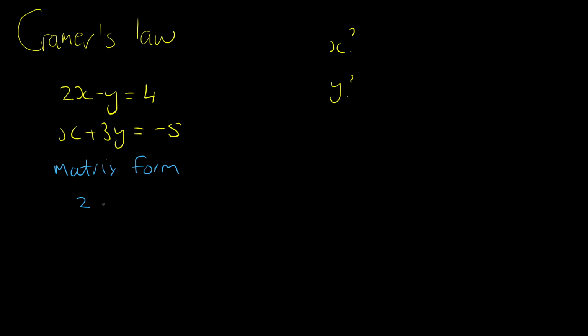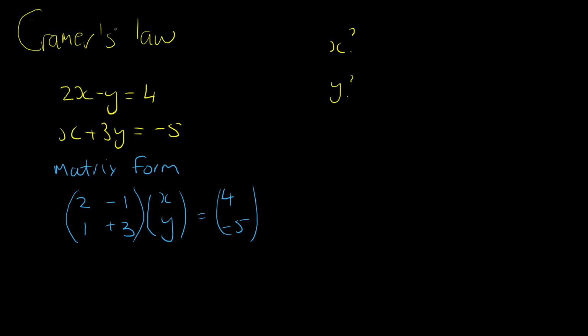So 2x minus y gives 2 and minus 1, and x plus 3y gives 1 and 3. This is the matrix of the coefficients. Then we multiply it by the variables, x and y, and say this is equal to the answer, which is 4 and minus 5, another matrix.